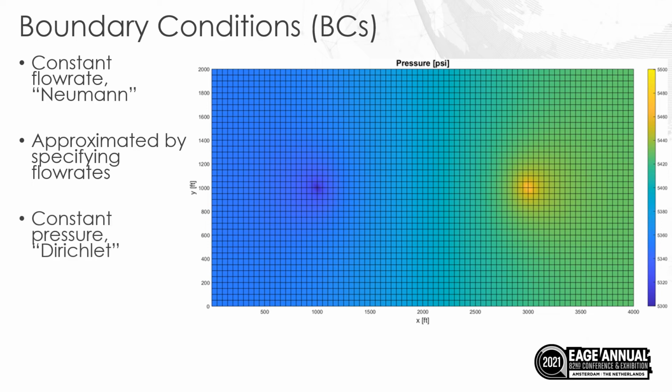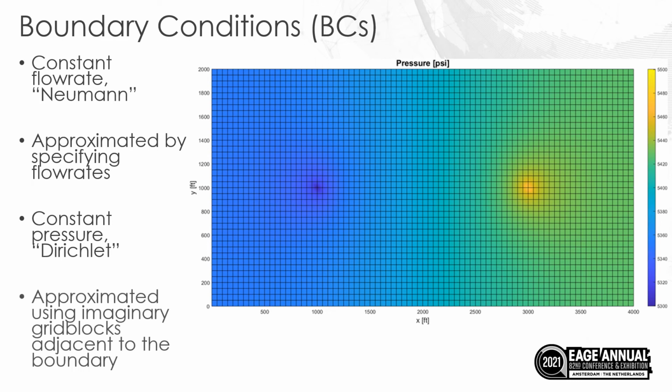And then we have the constant pressure boundary, Dirichlet, which is slightly more complex and is approximated using imaginary grid blocks adjacent to the boundary. I use an example here to explain the basics of that.